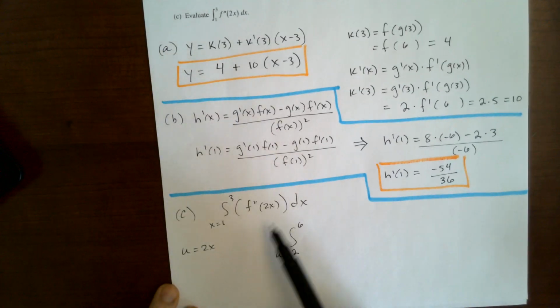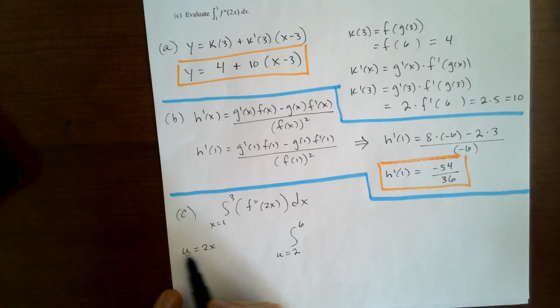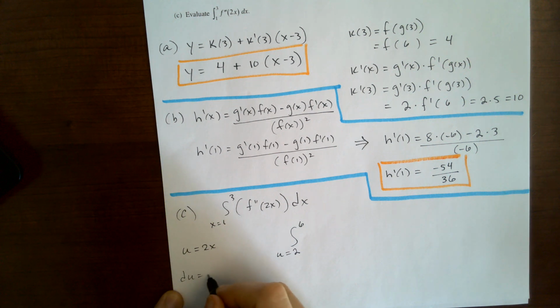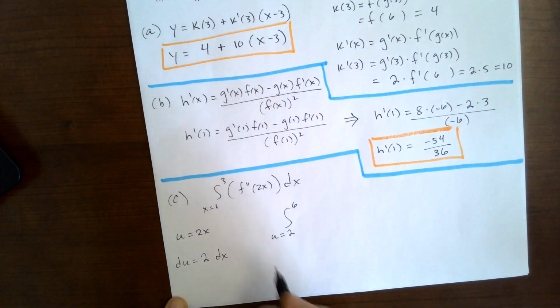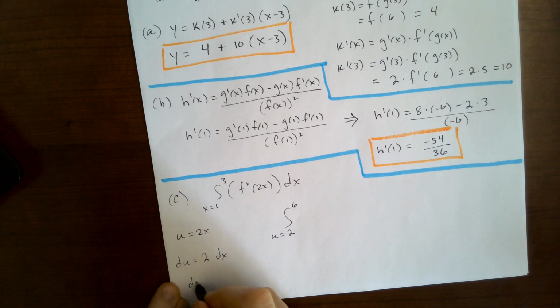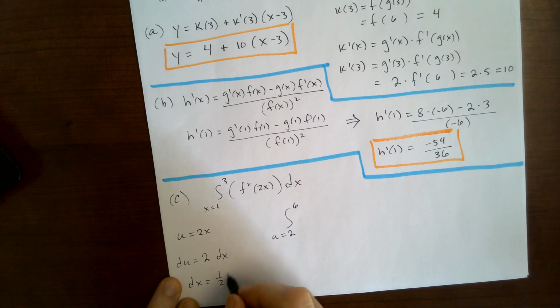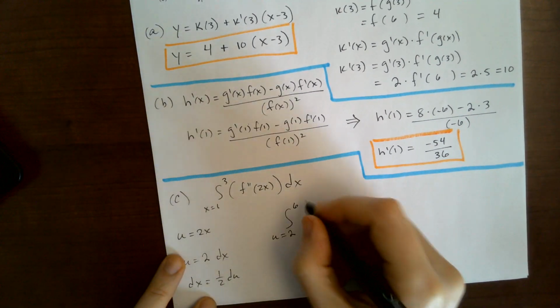Okay, and now I got to change the rest of it. So du is, you take the derivative, 2, and then you put a dx. And then I solve for dx. So dx is a half du.